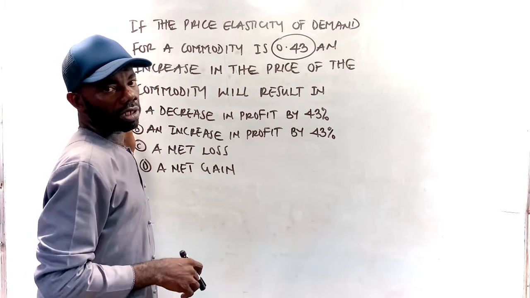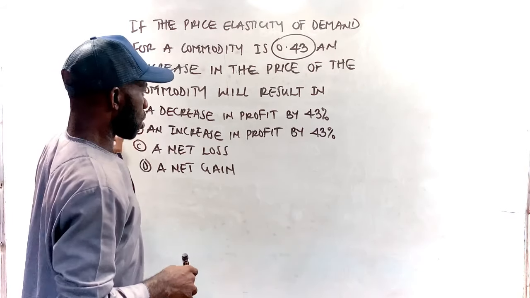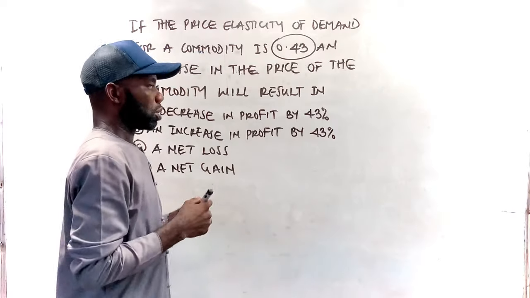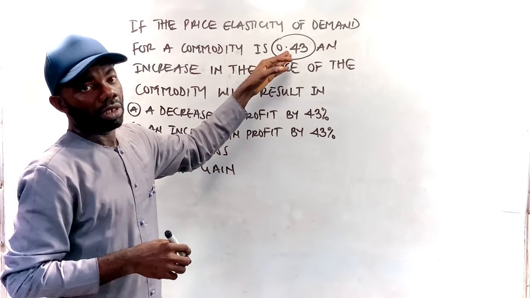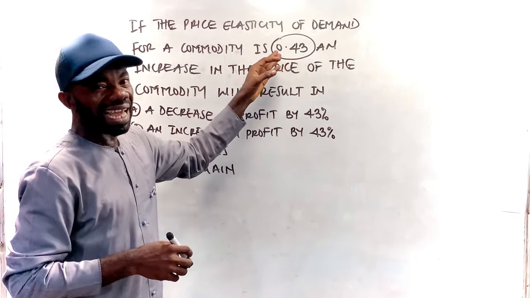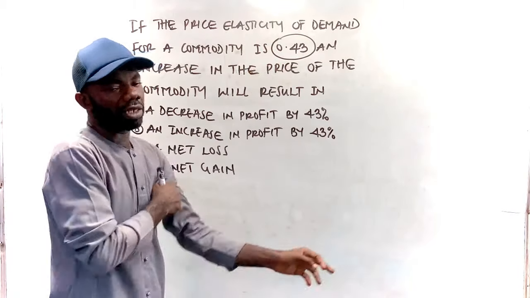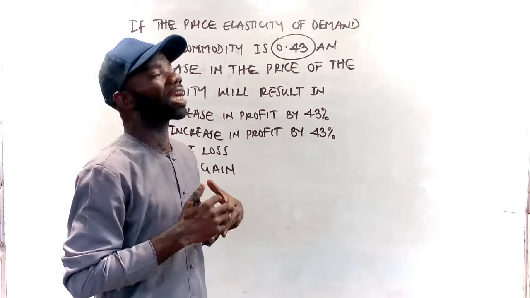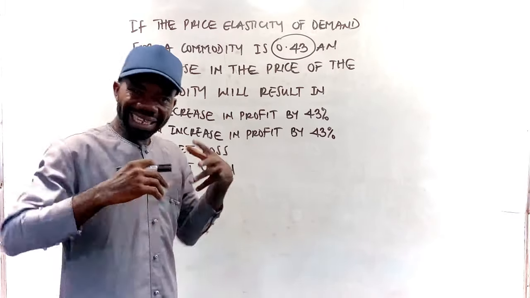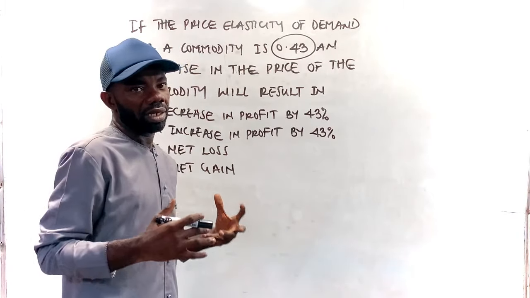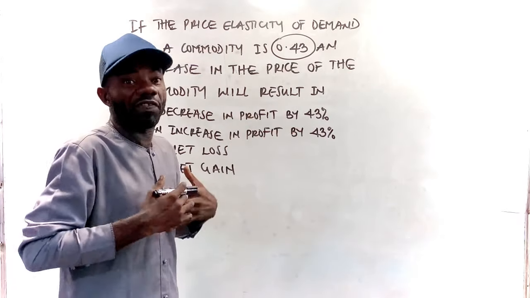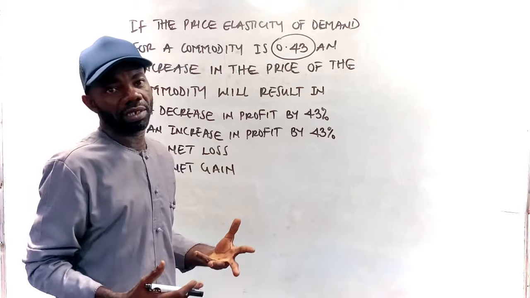That's not going to be true because this value, 0.43, shows inelastic. And if it shows inelastic, it means that the supplier of this commodity has an advantage. He can increase price. He should increase price if he wants to make profit.